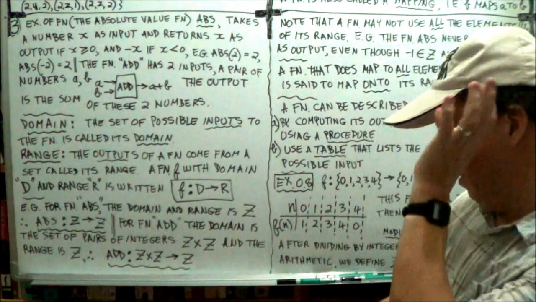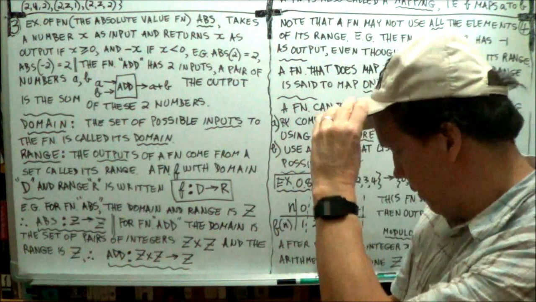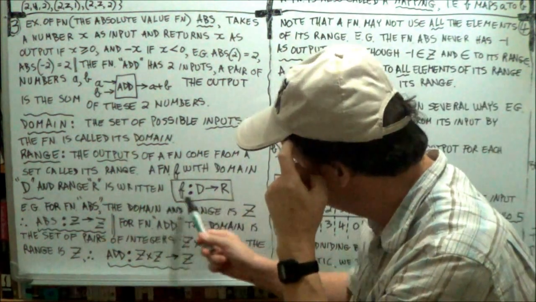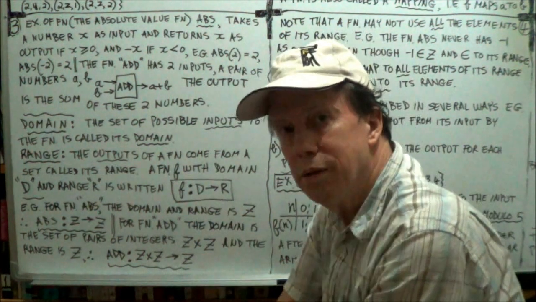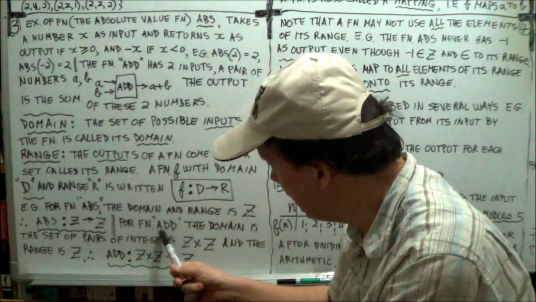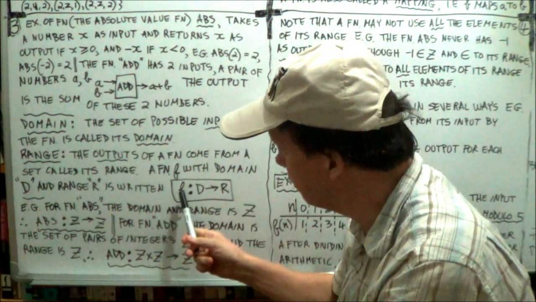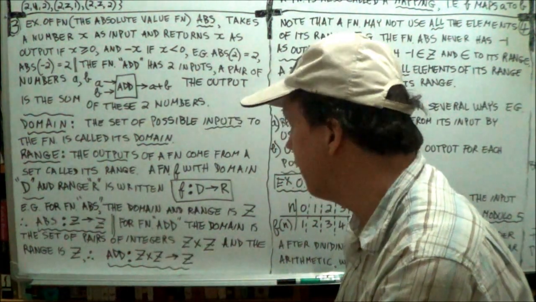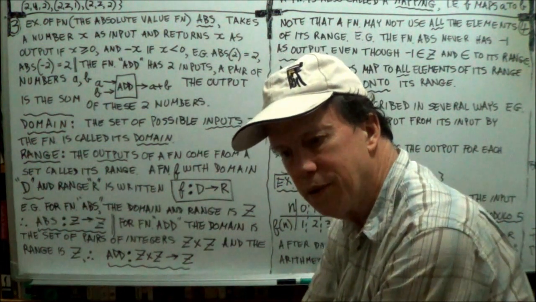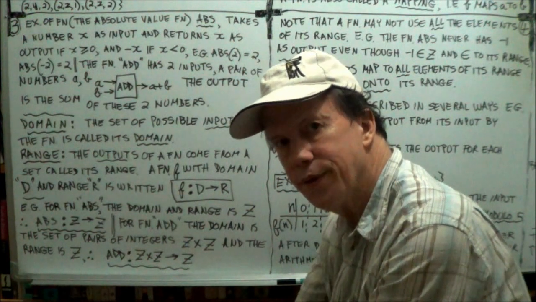Okay, what else? Alright, let's apply this kind of terminology now to our two-input function, which was add. So F now will be ADD. Now what's the domain? It's the set of possible inputs.